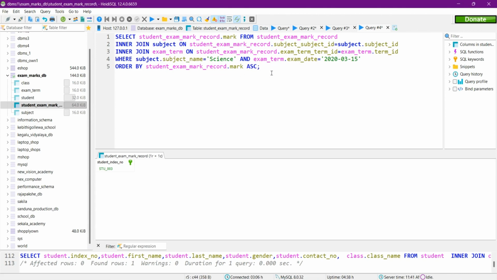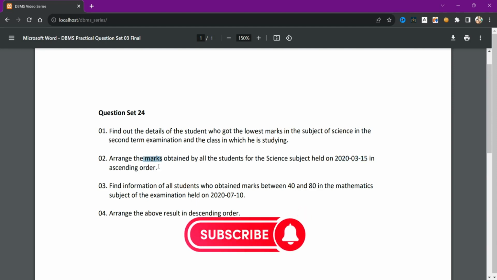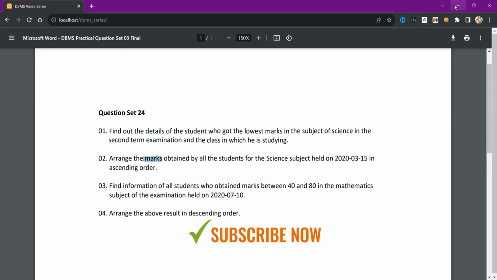So guys, this is the query for the second question. When we look at the query, according to the question, there are several tables involved. We need to include the subject table and also the exam term table, because we need to find which exam was held on this particular date, and also the student exam mark record table, because we need to find the marks.